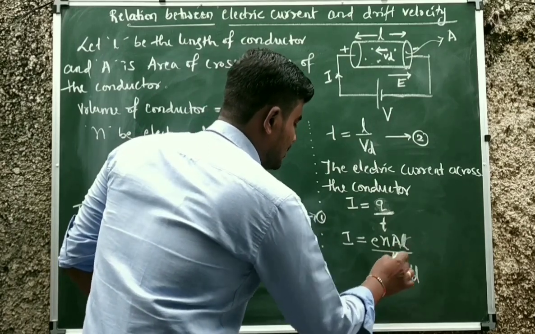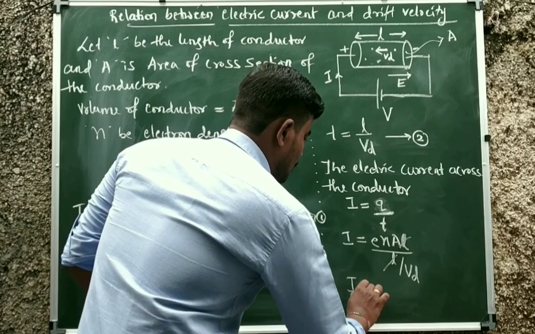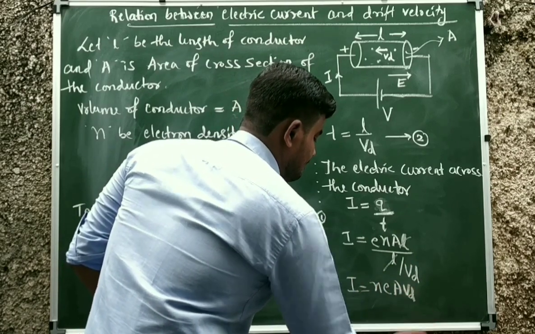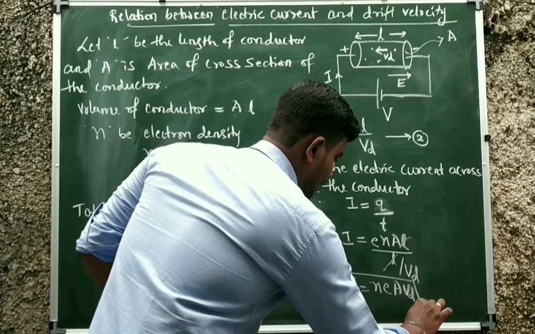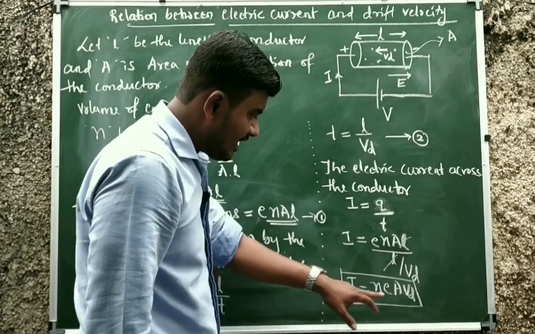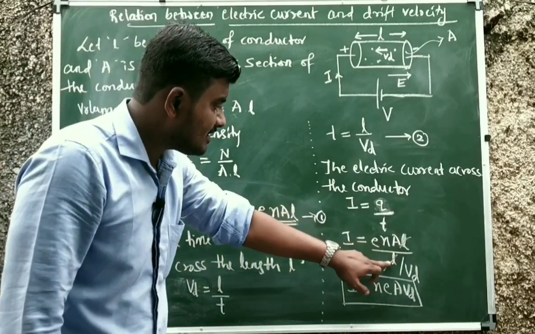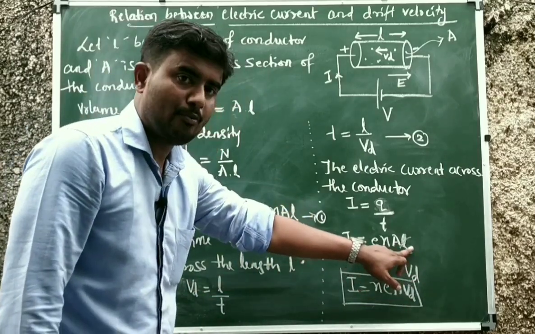L is cancelled on both sides, and Vd goes to the numerator. Therefore, I is equal to n e A Vd. So this is the formula for the relation between electric current and drift velocity.